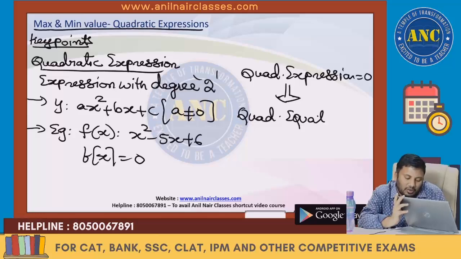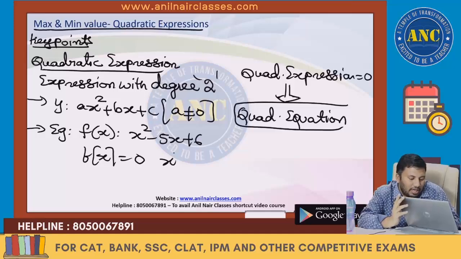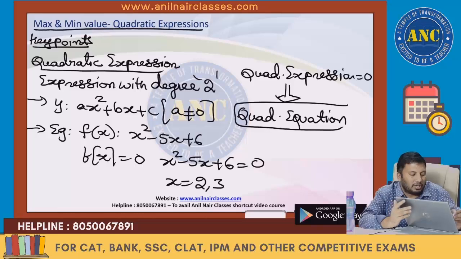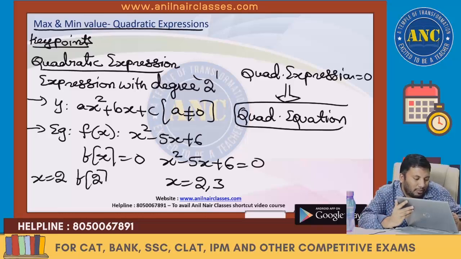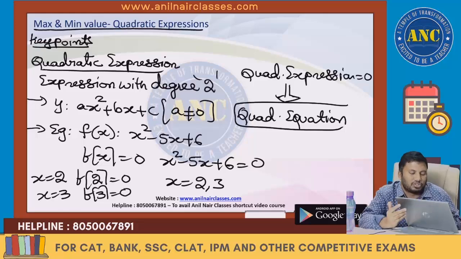Quadratic equation: x square minus 5x plus 6 equals 0, then x equals 2 comma 3. That means at x equal to 2, f of 2 will be 0. At x equal to 3, f of 3 will be 0.